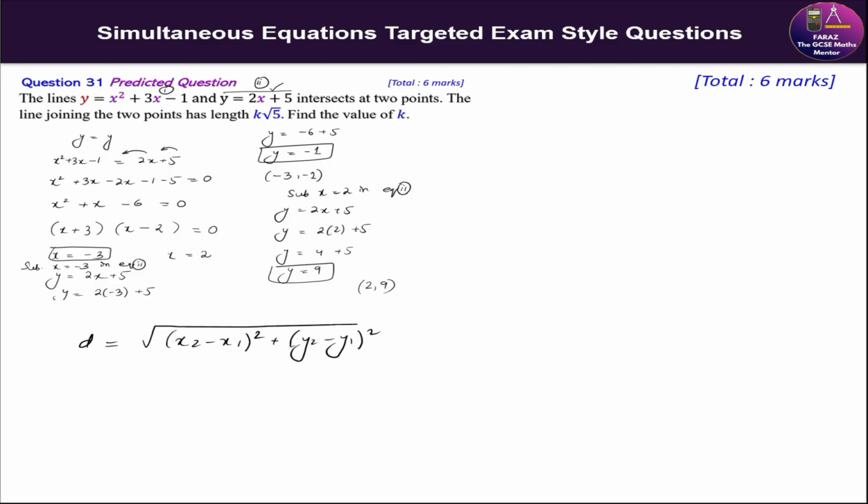So you have two coordinates there. If you look at it, we have 2 comma 9 there, and we have negative 3 comma negative 1. So if I write these coordinates 2 comma 9 and negative 3 comma negative 1, let's say this one is x1 y1 and this one is x2 y2.